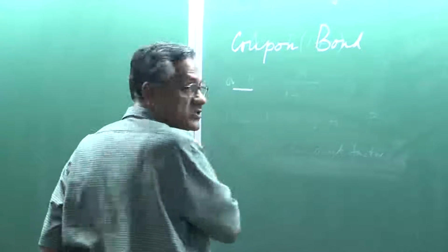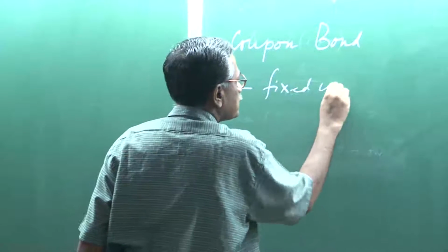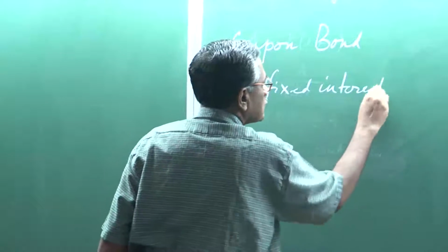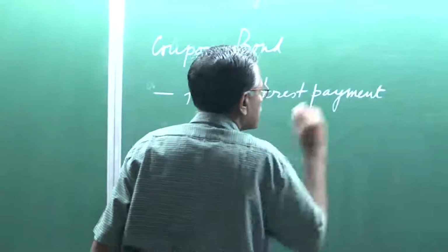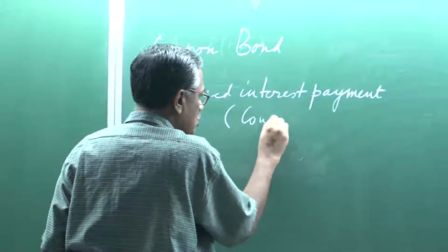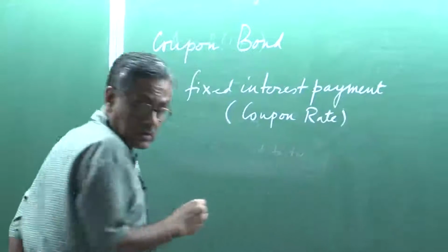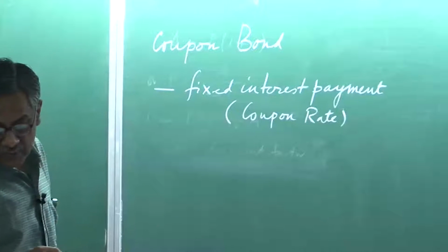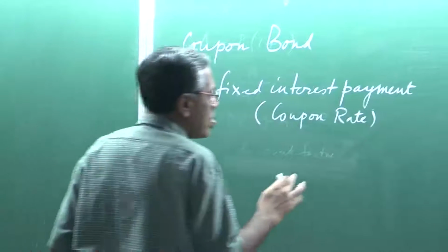A coupon bond has features like a fixed interest payment, which is also known as the coupon rate or the coupon payment. All right.